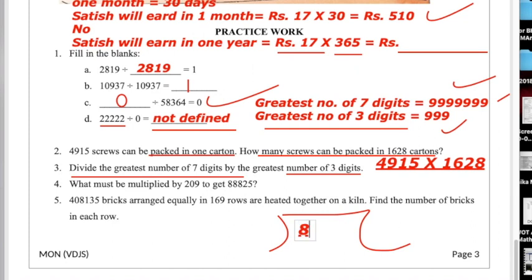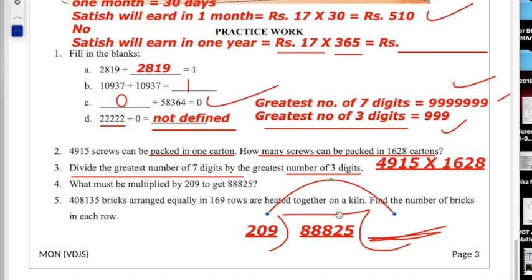Inside you will write 88825 and outside you will write 209 and you will show the division. If you solve this division, you will find a number which will be your quotient, so that when you multiply this quotient by this divisor, you will get 88,825. You will show this division process and you will get the answer.